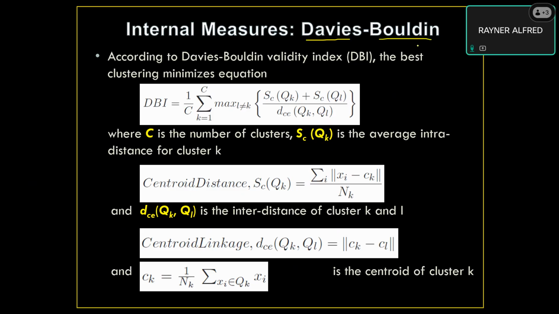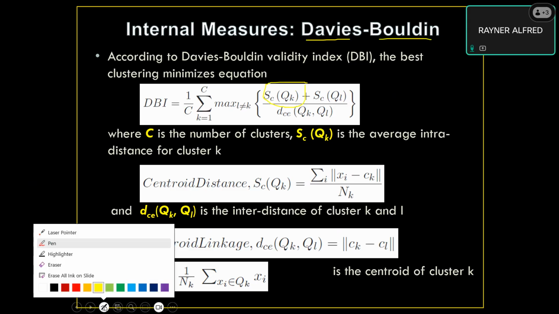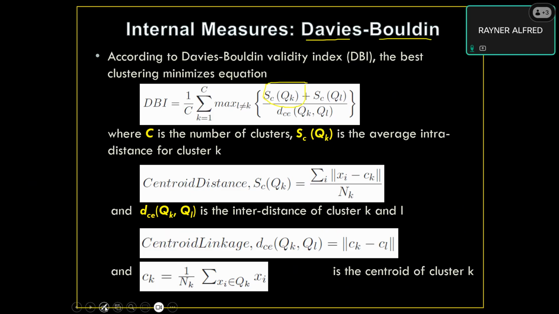They call it DBI, Davies-Bouldin Index, that takes into consideration the compactness of the clusters and also the distance between two clusters. So the compactness of two different clusters, and then we divide by the distance between these two clusters.